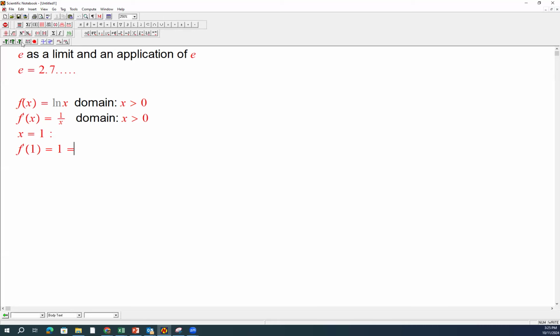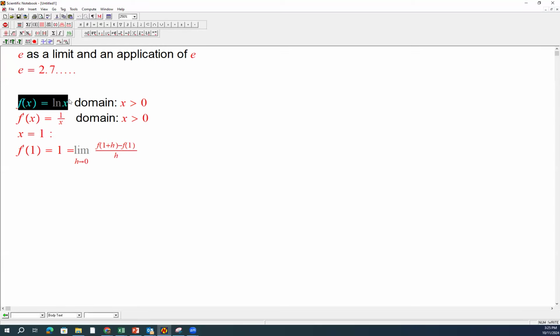According to the definition of limit, the derivative of the function f at 1 is the limit as h approaches 0 of f of 1 plus h minus the function's value at 1, over h.